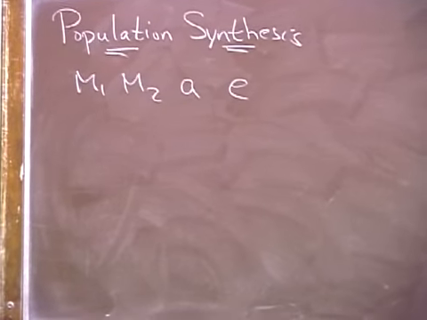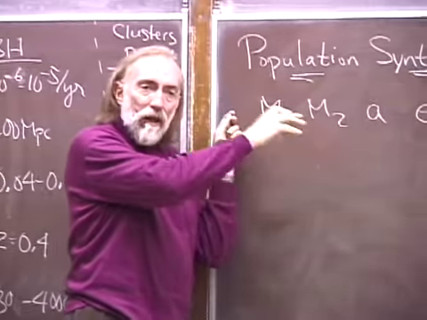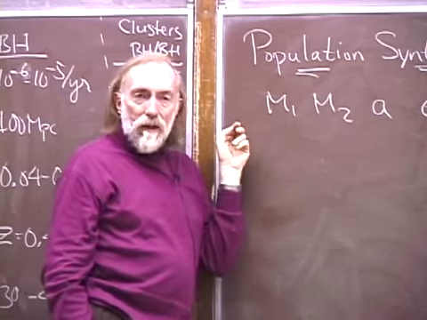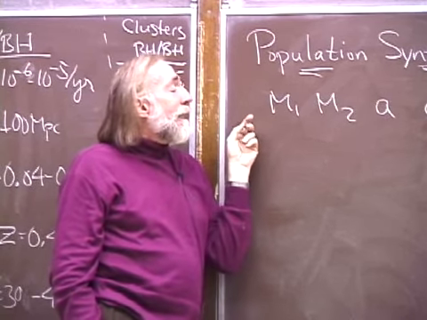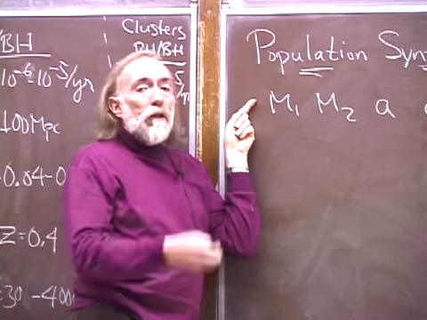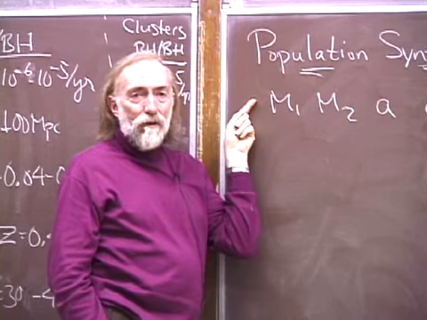And you go into that distribution, which you base on observation to the best that your observations can tell you what it is, and you randomly pull out typically 1 million systems from that distribution.